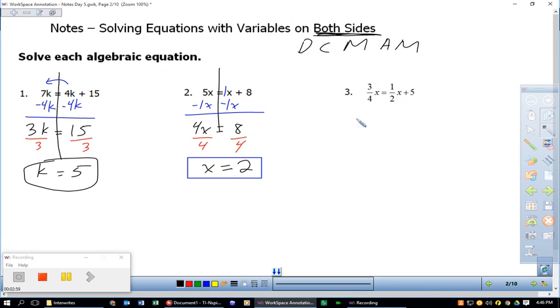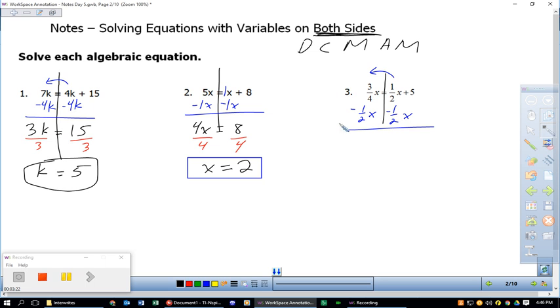Okay, next, 3/4 x equals 1/2 x plus 5. This is going to be nearly identical to what we've done on the last two. The only difference is we have fractions. So if we want to move it over this way, we're going to have to subtract 1/2 x, since it's positive. That's going to be 3/4 minus 1/2.